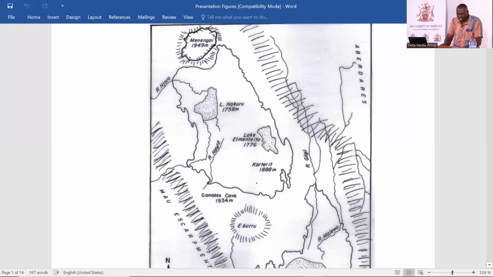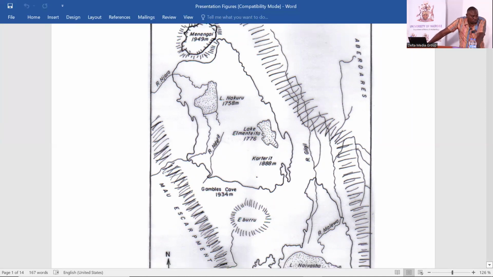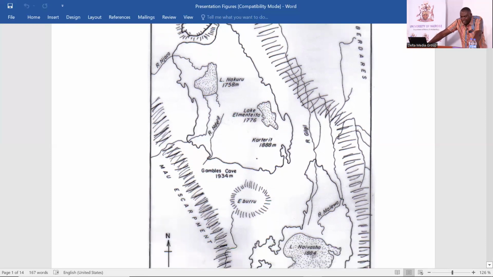But I want to say this, that the Central Rift Valley of Kenya is, of course, a basin sandwiched between the two landmarks. And it has a rich human and environmental history, which dates back to the Pleistocene period. The Pleistocene period dates to about 2.7 million years ago to about 11,700 years ago.